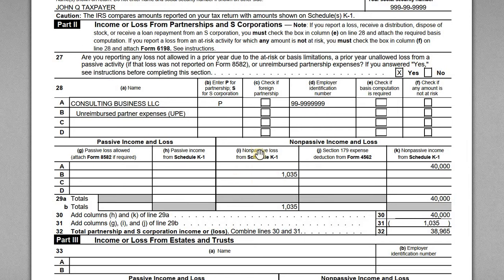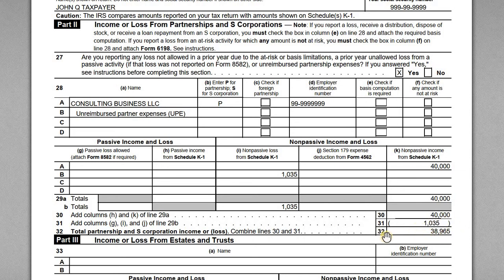And again, it's non-passive, right? Because he materially participates in the entity. And so when you net all these amounts together, right, we have this $40,000 in income, we have the $1,035 in expenses. So the net income or loss that is going to be passed through to his 1040 on page 1 is going to be $38,965.